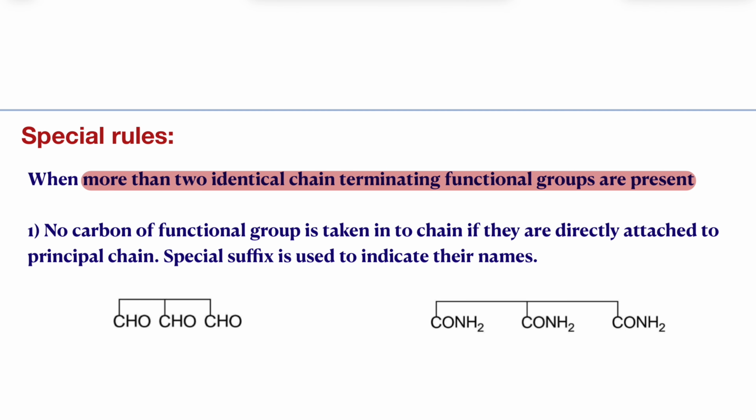A chain terminating functional group means the functional group which always exists at a terminal position. For example, aldehyde, carboxylic acid COOH, ester functional group COOR, amide functional group C double bond O NH2. So these are all chain terminating functional groups.